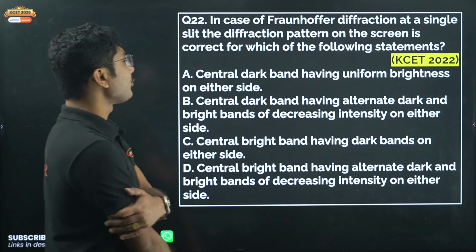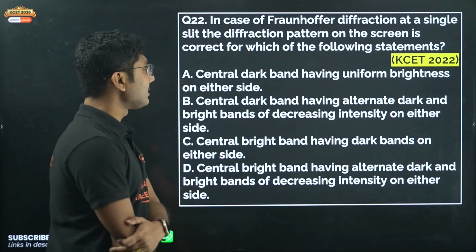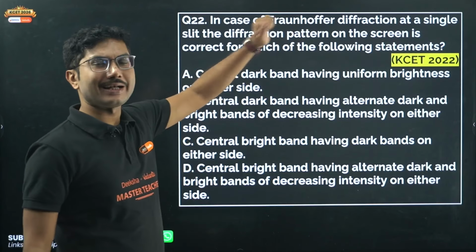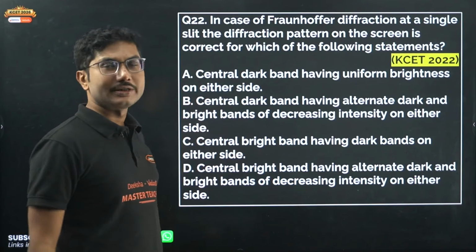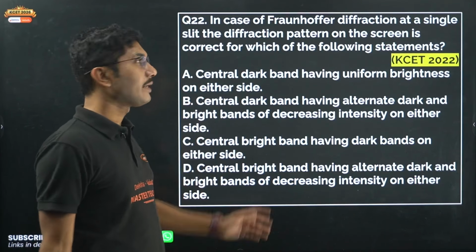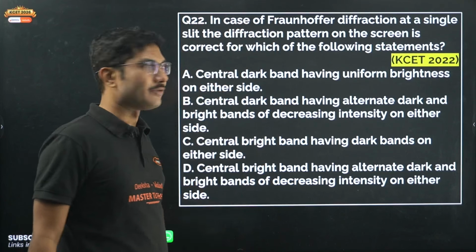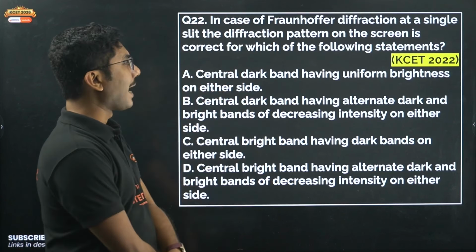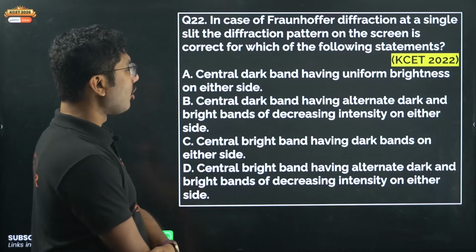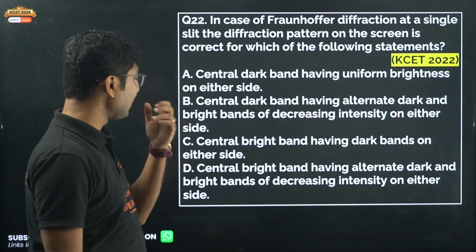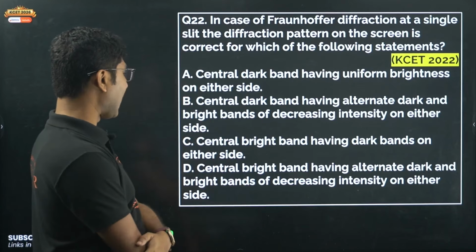Fraunhofer diffraction and diffraction are the same. The diffraction that we have studied; Fresnel diffraction is not part of the syllabus, it was never there, but Fraunhofer diffraction means normal diffraction. The options: central dark band having uniform brightness; central dark band having alternate dark and bright bands; central bright band having dark bands on either side.